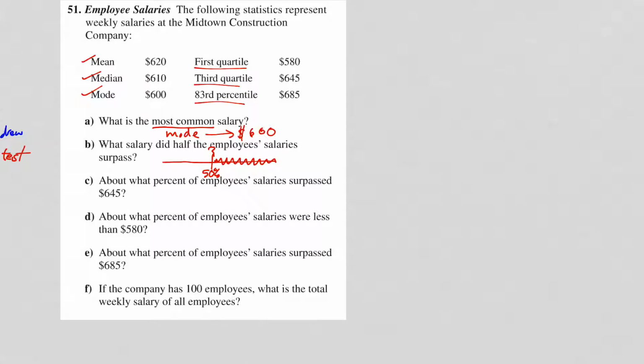So that is the second quartile, but that's not listed because that is the same as the median. So this is your second quartile right there. So the answer for B would be 610. Okay? This is the median.